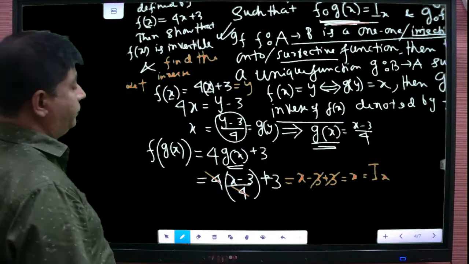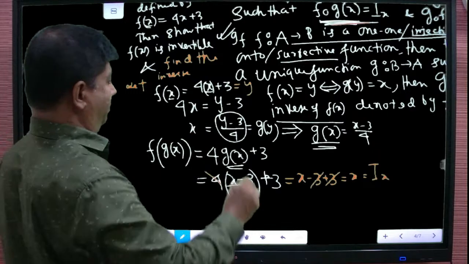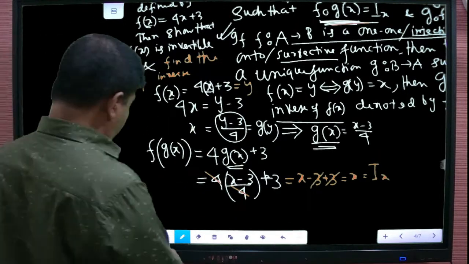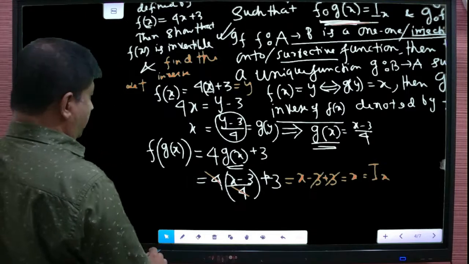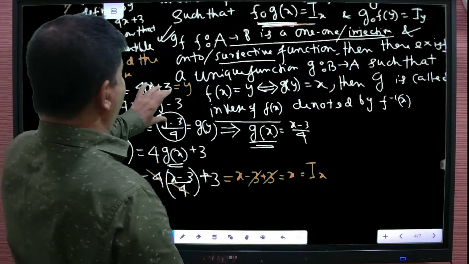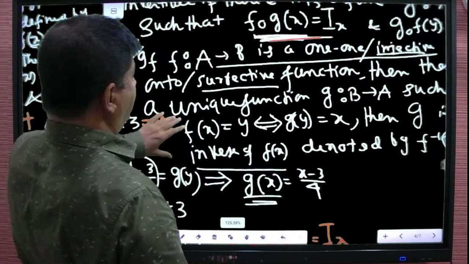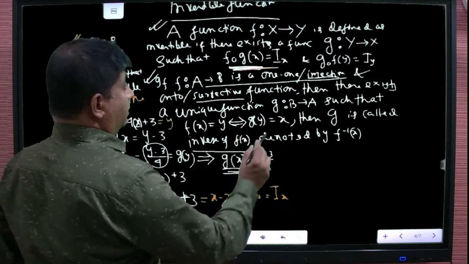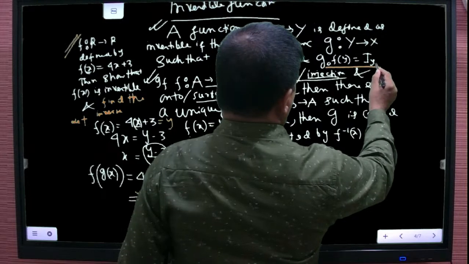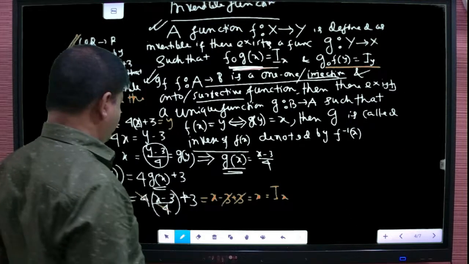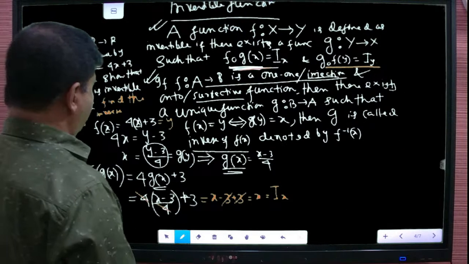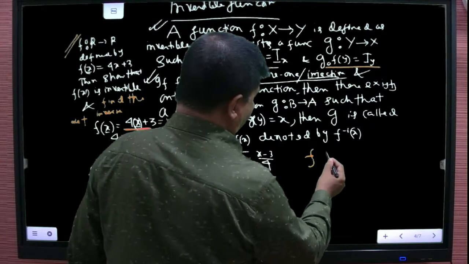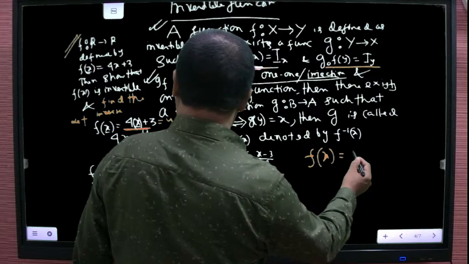Now g(y) we have. Now you observe, we did what? We did g of f(y), which should be shown as I(y). G of f(y). So f(x) is what? 4x plus 3, sorry.